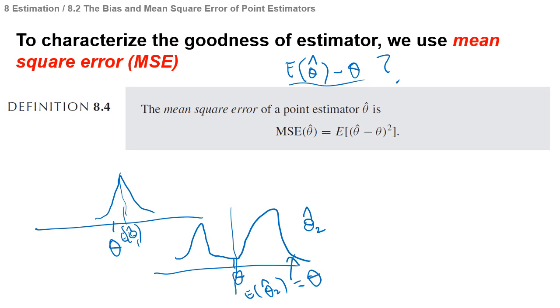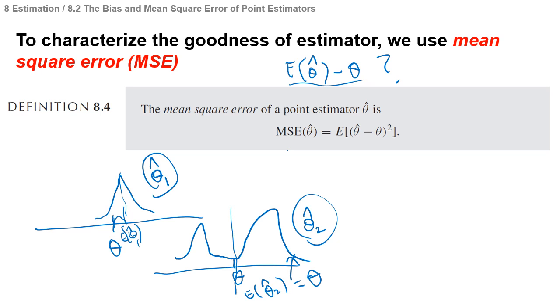Which estimator would be good? Here, this is the estimator for theta, this is theta 1 hat, and this is theta 2 hat. The distribution for theta 1 hat is slightly biased, but usually theta 1 hat is close to theta.